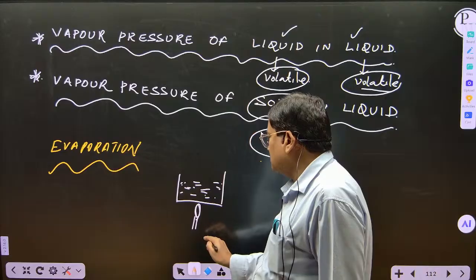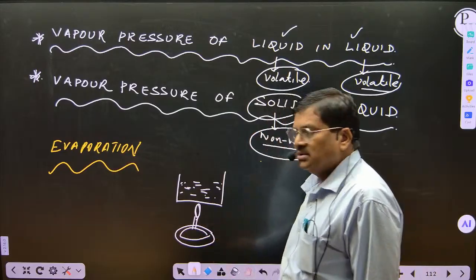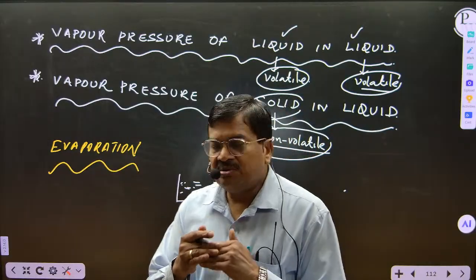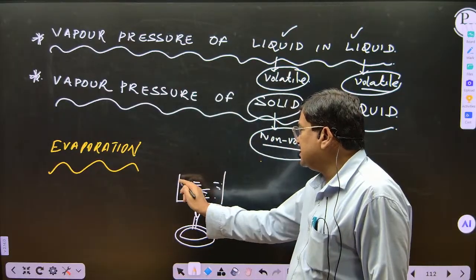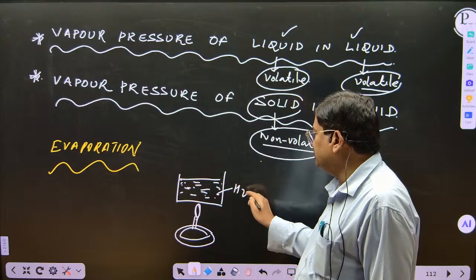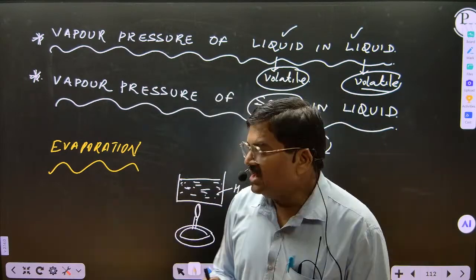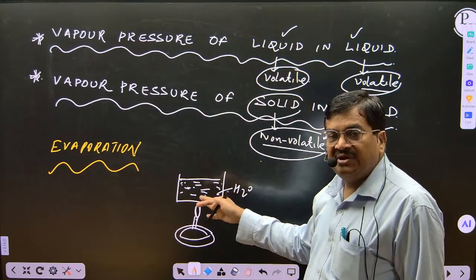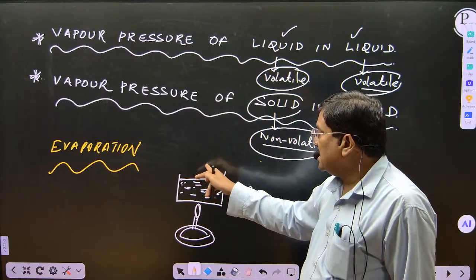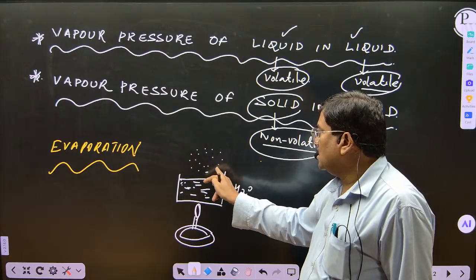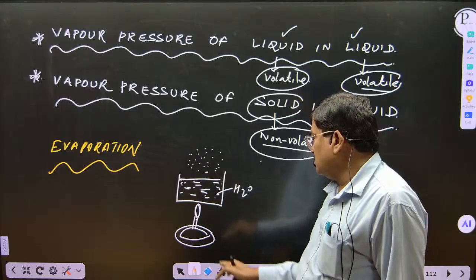Here I am placing a Bunsen burner for heating. I am boiling the liquid using the burner, and inside is the container having liquid. Now what happens, students? As we give heat to the liquid, the kinetic energy of the liquid molecules increases and they convert into vapor.